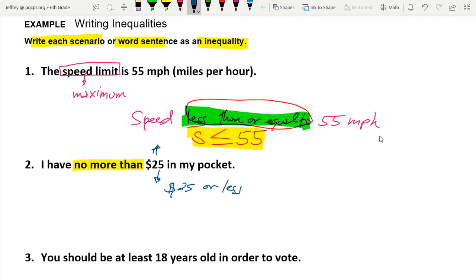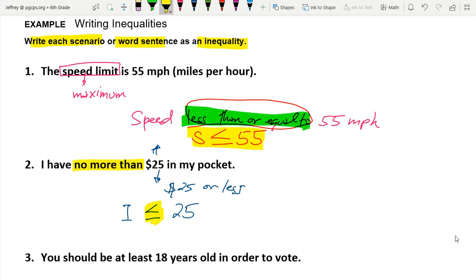Very good. So your money is either equal to $25 or less than that. So that means I have less than or equal to $25, because no more than means less than or equal to 25 bucks. Make sure you make sense of the problem again. Now, make sure you use the right symbol.